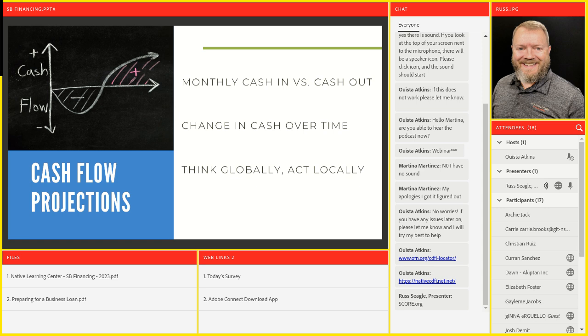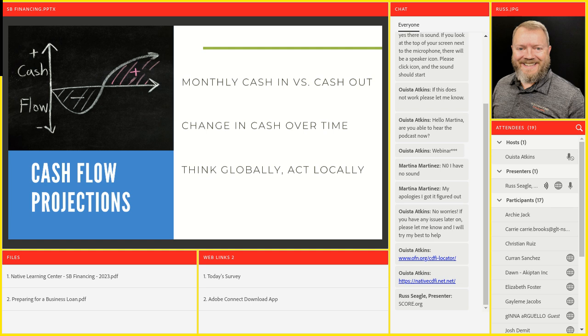Now, remember I said earlier that every bill that you have in the household needs to be taken into consideration. We're not just going to look at what your business is capable of creating, and we're not just going to look at the bills your business is going to incur to help make a decision. We look at something called global cash flow.